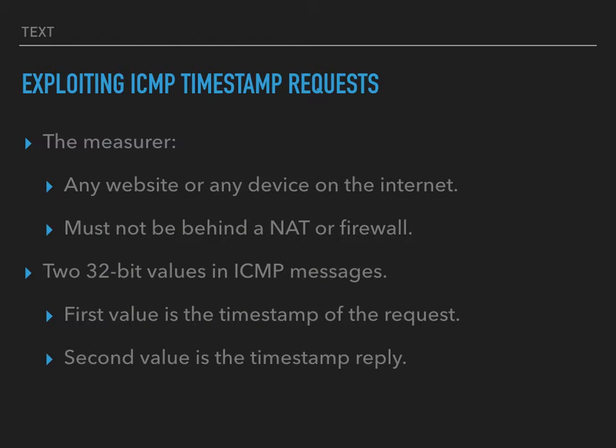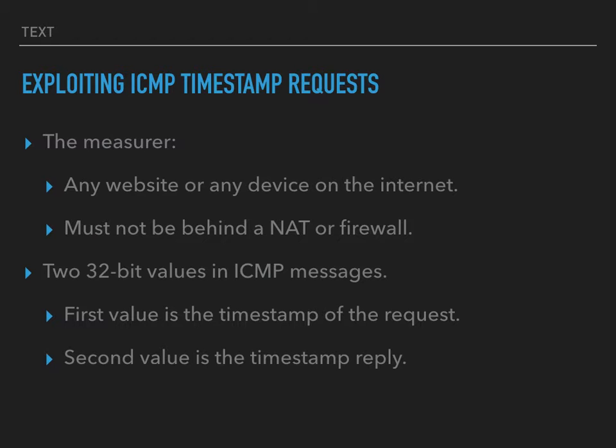The next method to obtain the clock skews is exploiting the ICMP packet. Similar to techniques used for the TCP, the measurer for exploiting the ICMP timestamp request can be any website or any device on the internet.